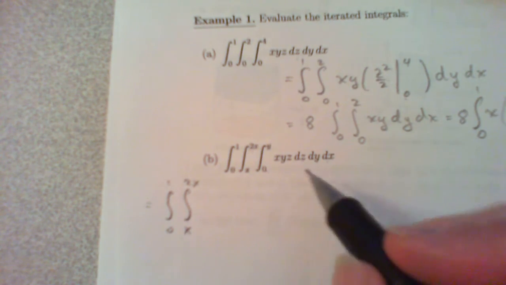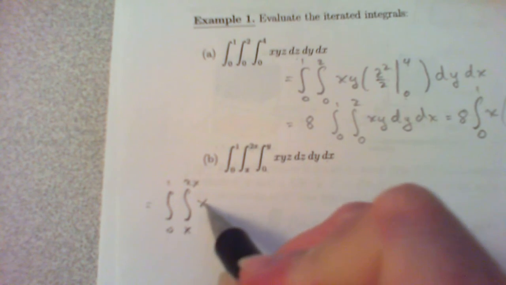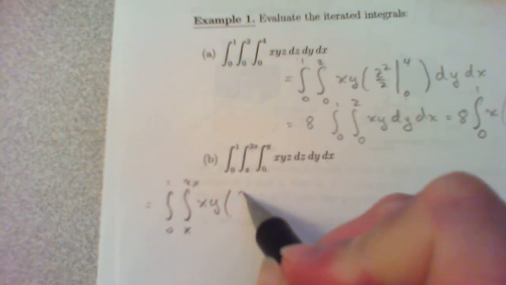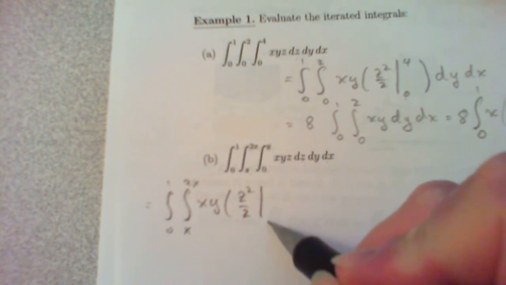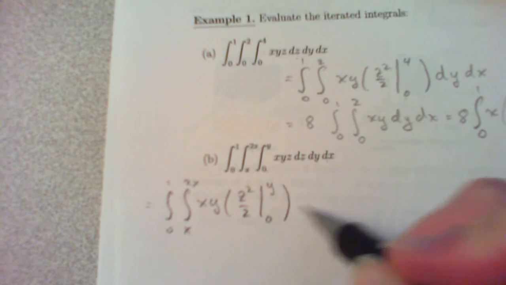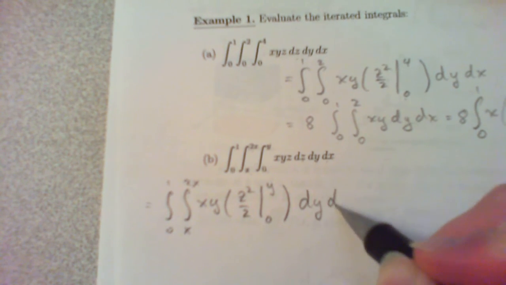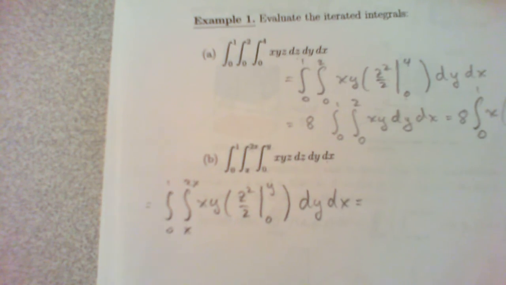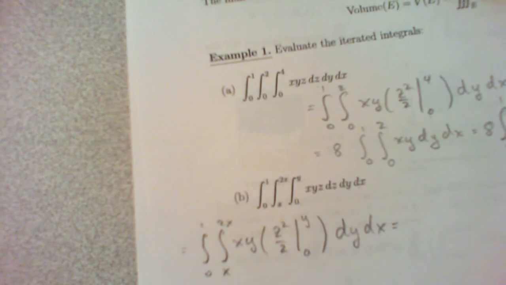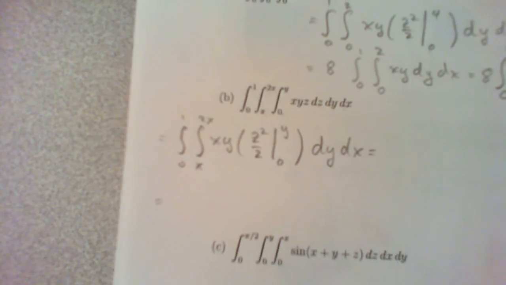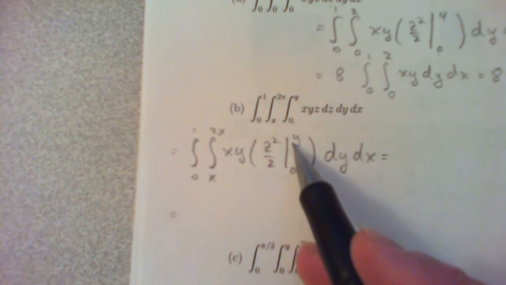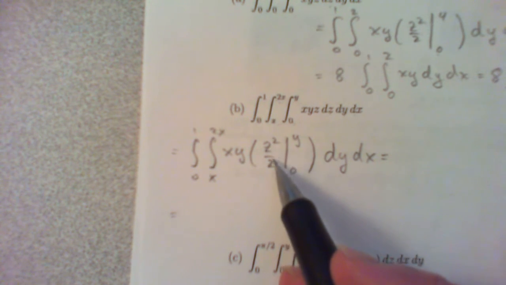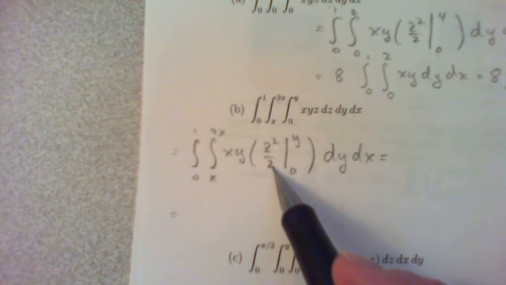Alright, for the inner integral, x and y are constants, so the antiderivative is x times y times z squared over 2. Evaluate that from 0 to y. Then I have dy dx to deal with. Now when I evaluate using the fundamental theorem of calculus, this will be y squared over 2 minus 0 squared over 2.